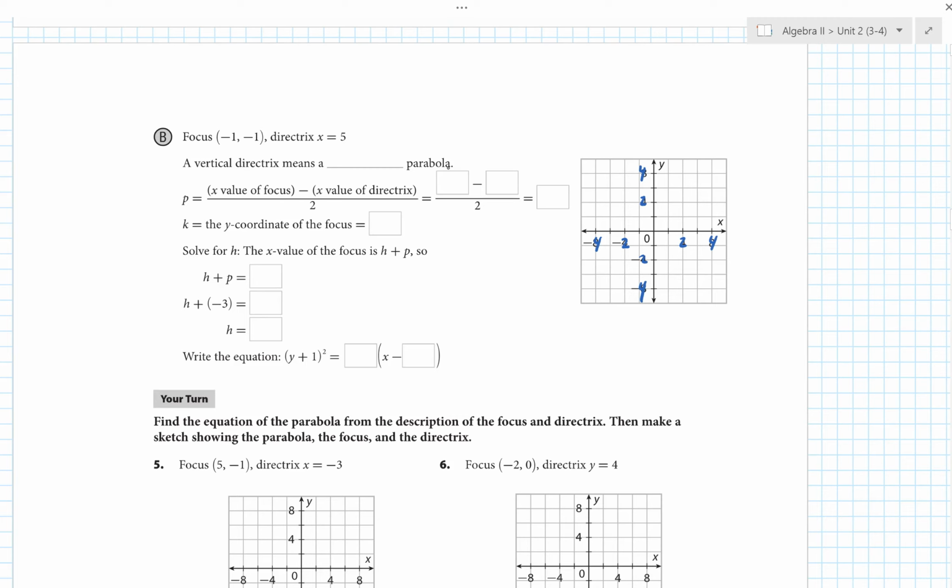Okay, and so our focus is at (-1, -1), which is here. And our directrix is at x equals 5, which is here. And so our vertex has to be halfway between that point and the line. So the point meaning the focus, which is at (-1, -1), and this is the directrix. Okay, what point is halfway between those? Discuss that as a group right now. What point is halfway between those two?